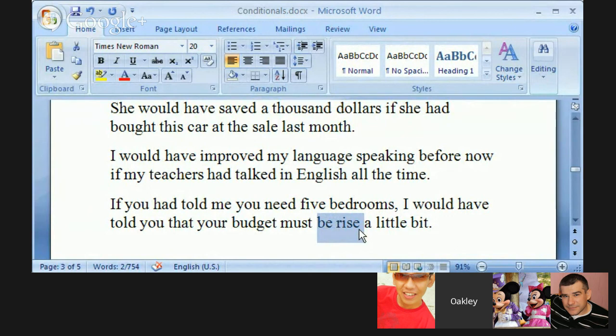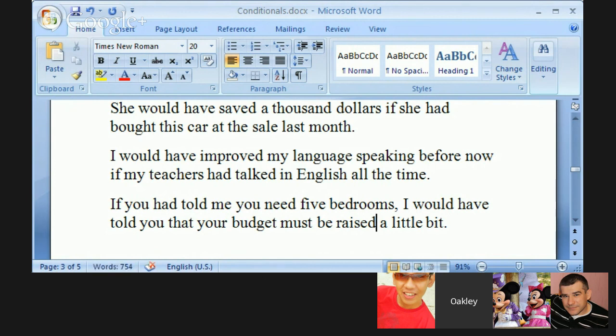Must be raised. Rise, rose, risen. Raise, raised. I have to think about that myself, Odie.